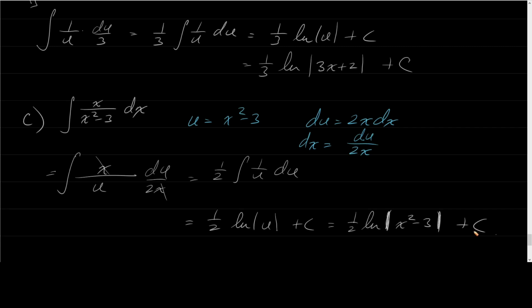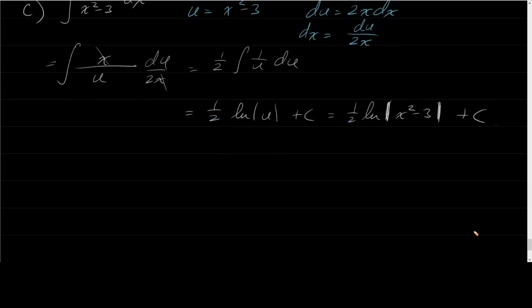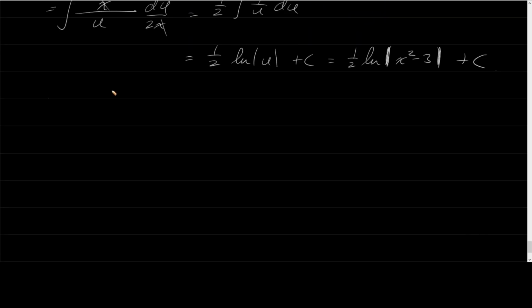So now let's do another one. I'll just do a couple more. If I have the integral of ln of x squared over x dx, I'm going to do a u substitution here.